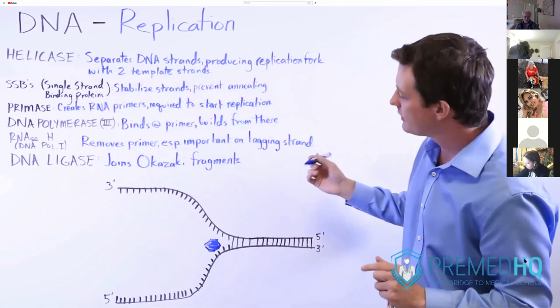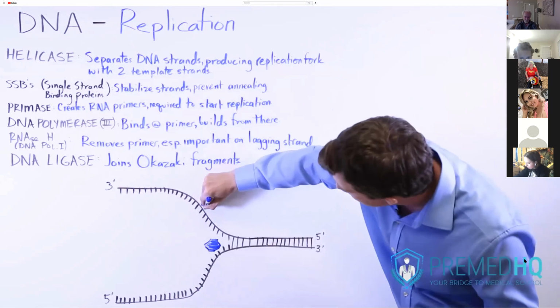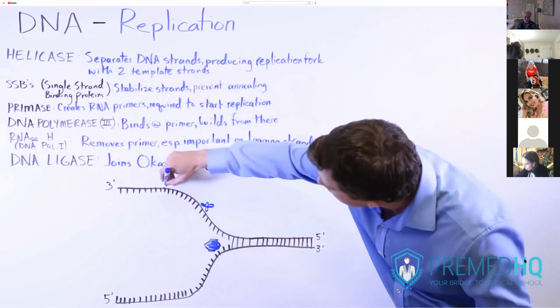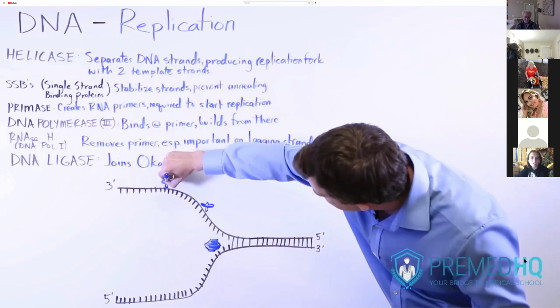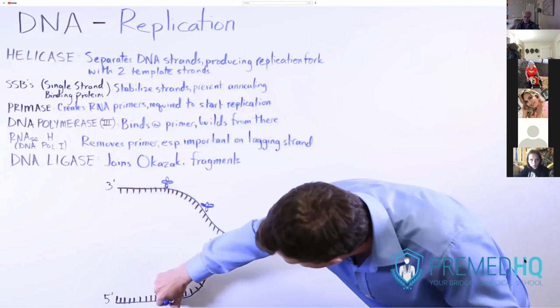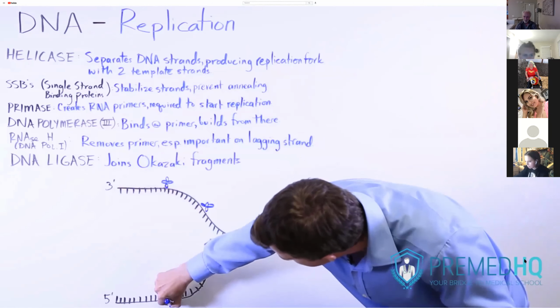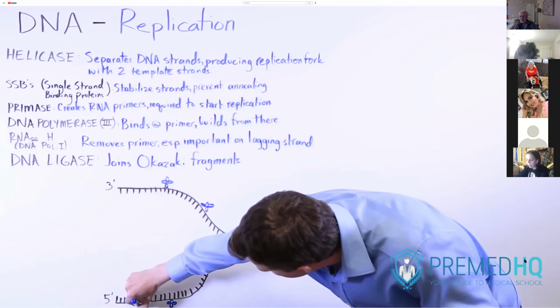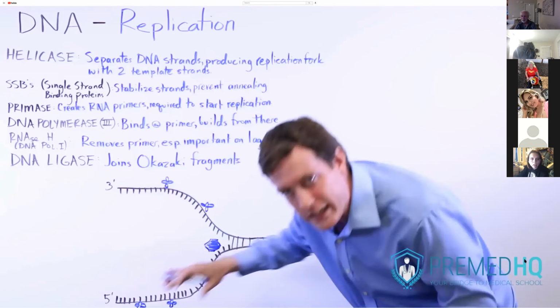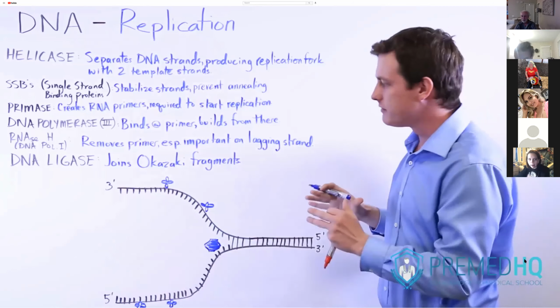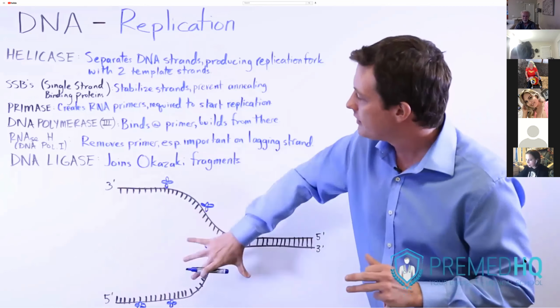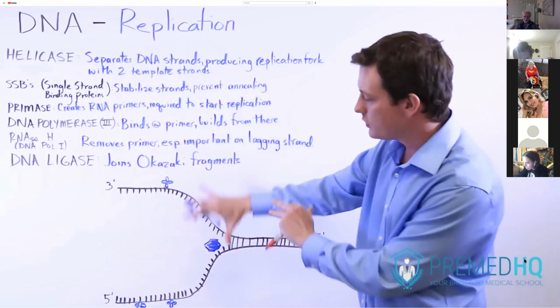So in order to prevent that from happening, we have these small tetramers called single-stranded binding proteins, SSBs. And the SSBs essentially stabilize these so that they don't end up annealing, joining back together. And that's very important. They prevent the annealing so that these 2 stay separate.